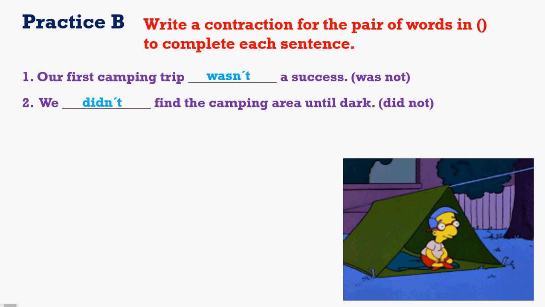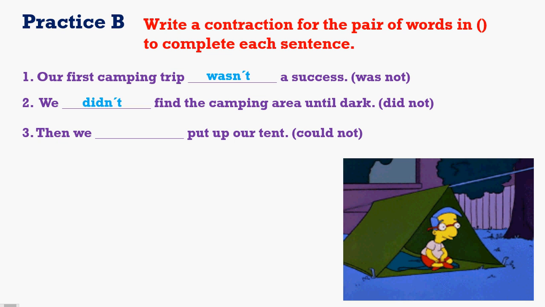Repeat with me, didn't. Perfect. Number 3. Then we, space, put up our tent. The words we have to use are could not. And the contraction is couldn't. Perfect, guys.